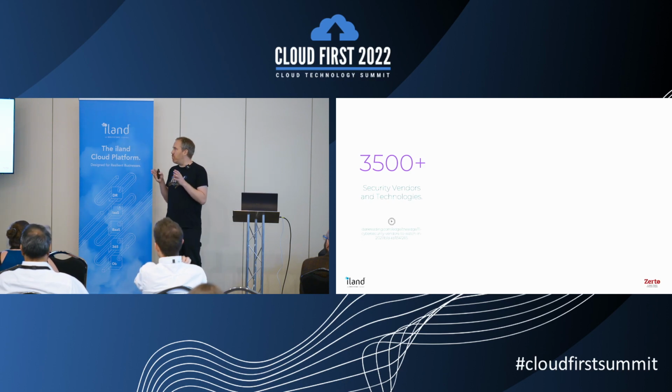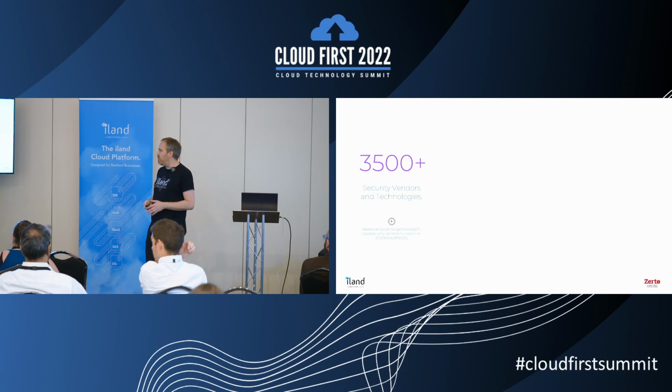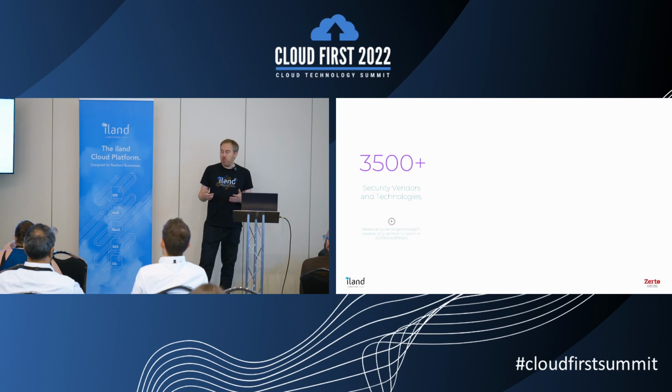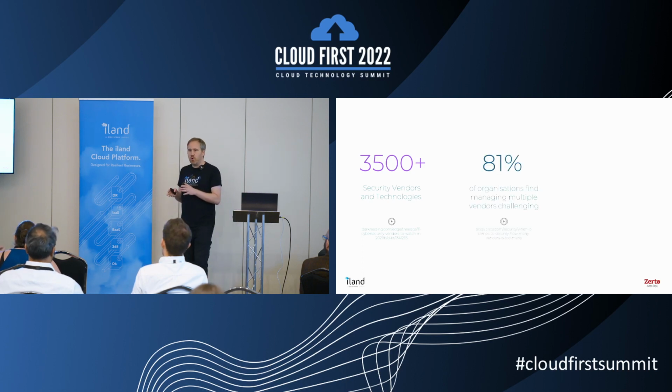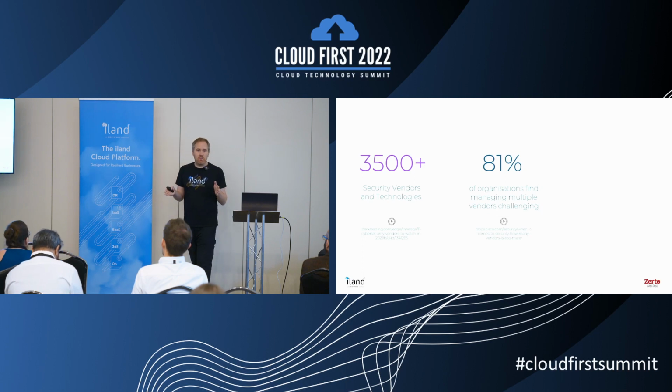But even though there's this wide range of technologies and vendors out there that promise to solve those challenges and problems, what we tend to see is that organizations have to pick from those 3,500 security vendors and technologies and actually use multiple solutions to solve challenges. And with that comes a lot of complexity. Organizations really find, when we see some of the statistics, that managing all of these different technologies can be very challenging.